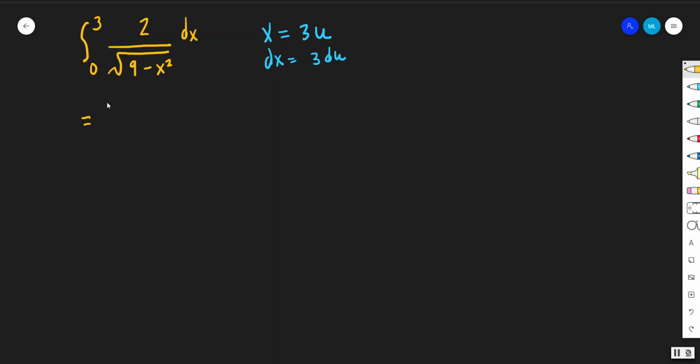So we're just going to go ahead and rewrite this as 2 divided by the square root of 9 minus, well, here you're going to get 9 u squared. But then note that dx is actually 3 du.